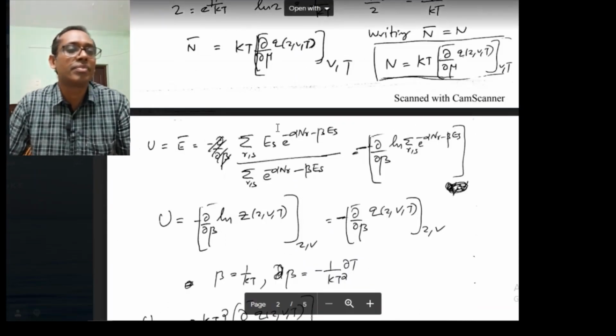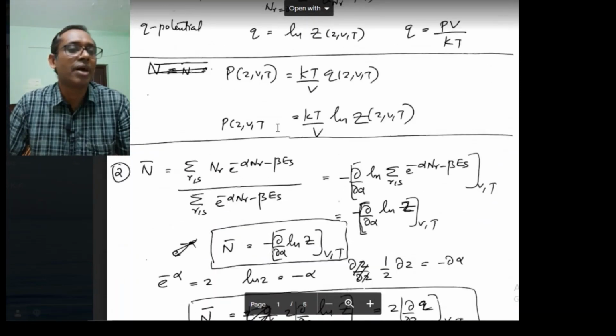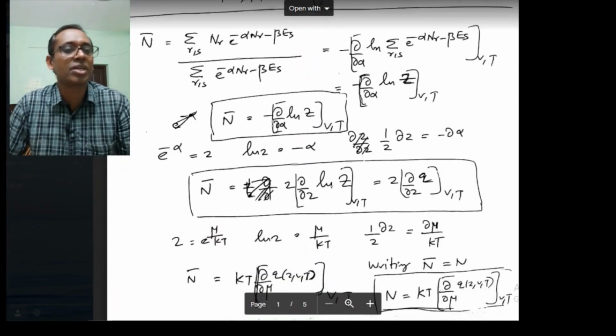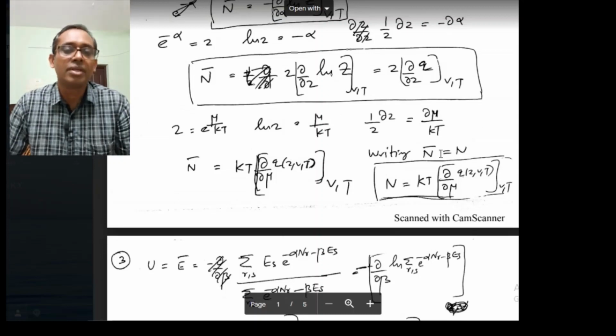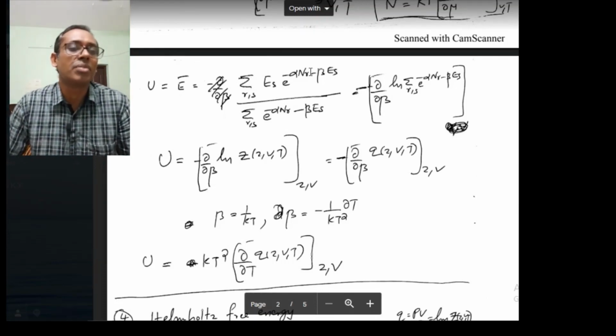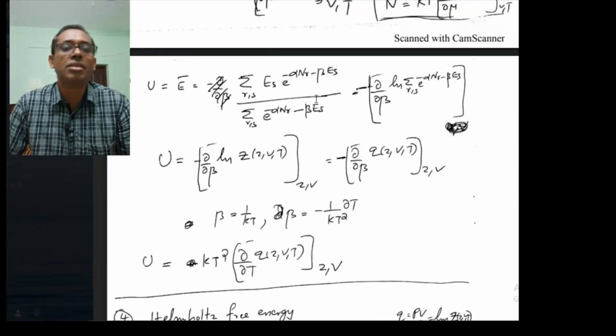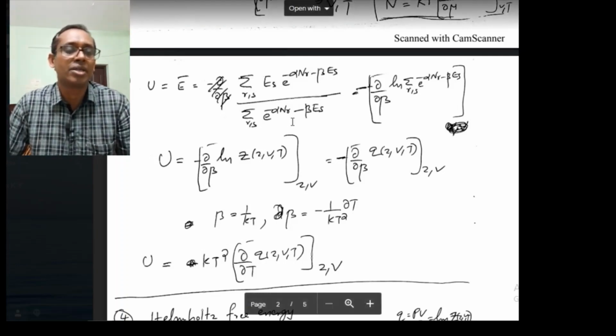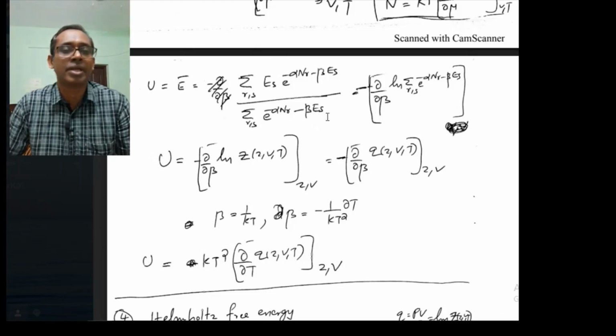Now we have the equation for pressure and the equation for the average number of particles in the system, then the average energy. Average energy is sigma over r, s of Es e to the power minus alpha nr minus beta Es over sigma over r, s of e to the power minus alpha nr minus beta Es.